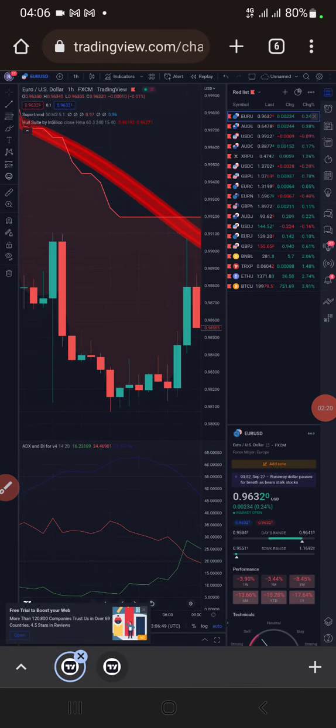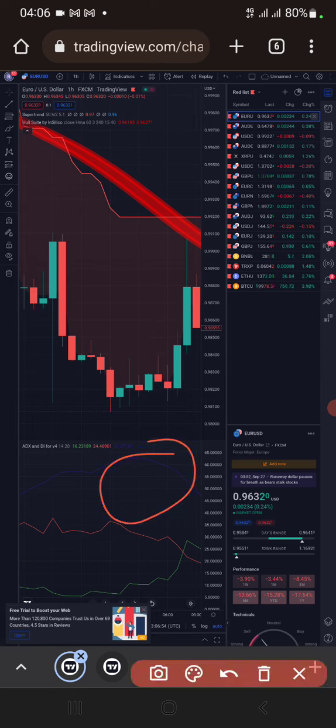Okay, so we have our purple line. Our purple line indicates if the market is moving in a trend, or it is in a range, or it is just on a straight line.